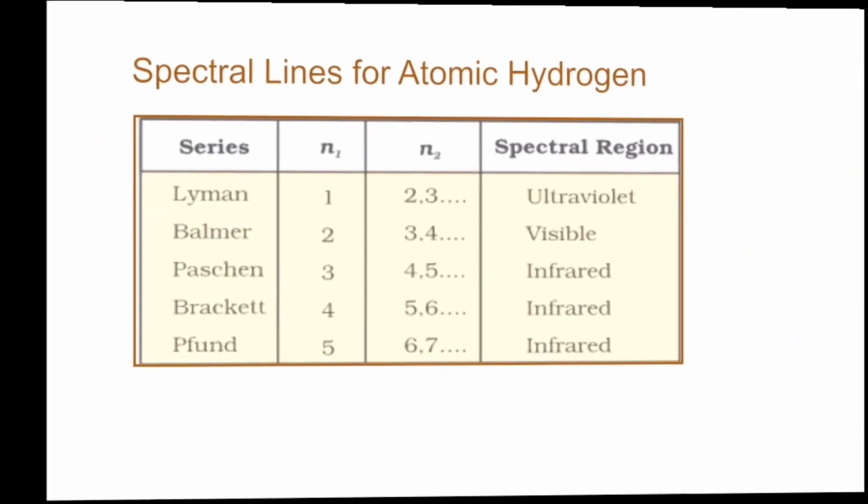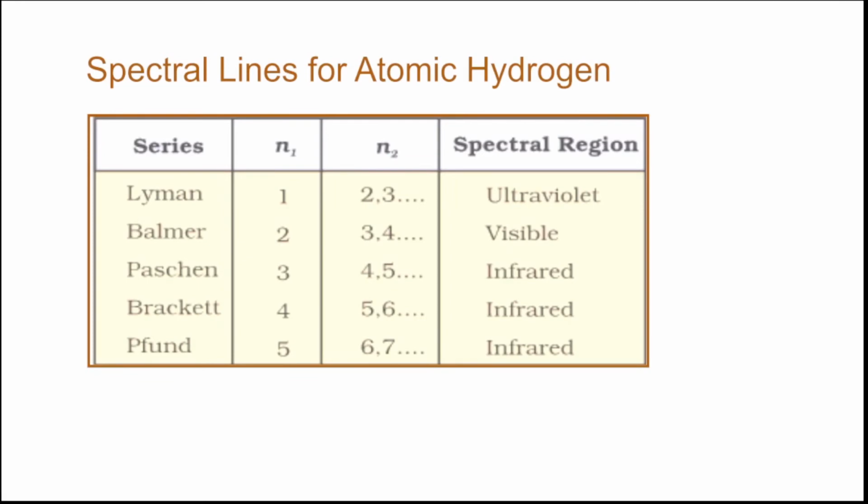The spectral lines for atoms of hydrogen were found in different spectral regions. As you know, Balmer discovered these spectral lines in the visible region, whereas Lyman found them in the ultraviolet region, and Paschen, Brackett and Pfund found spectral lines in the infrared region.